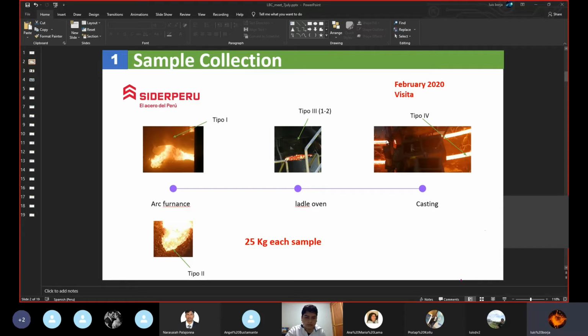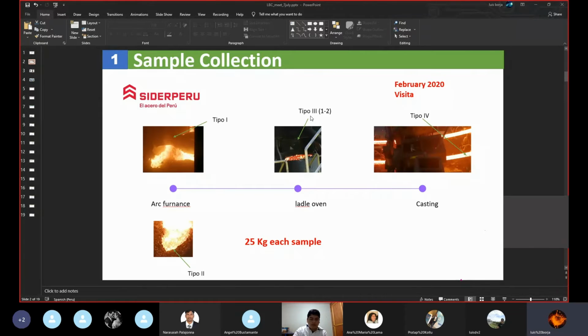In the case of the second step, in the walls, it forms the type 3 sample, and the other is this remnant material in the walls of the ladle oven that is used as a method to extract the iron.